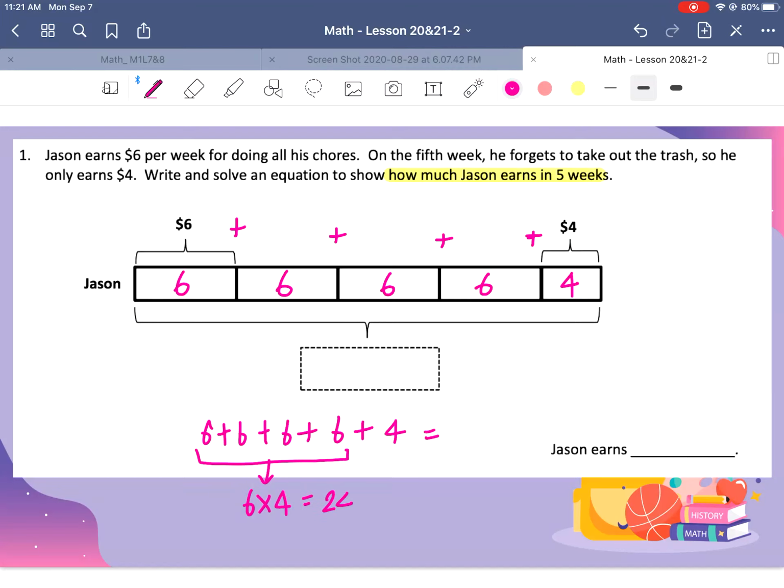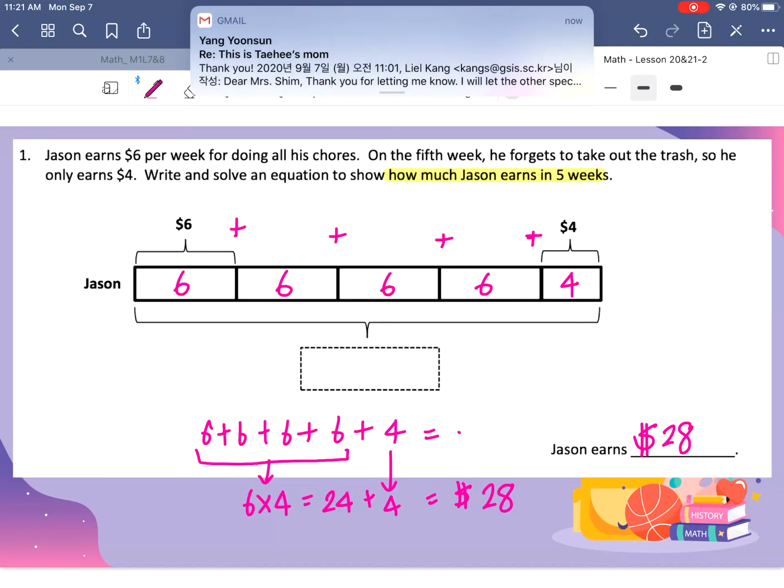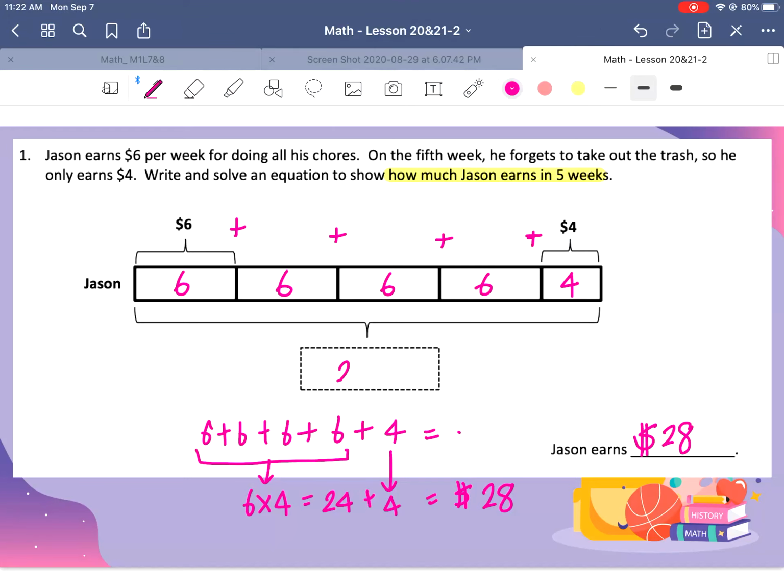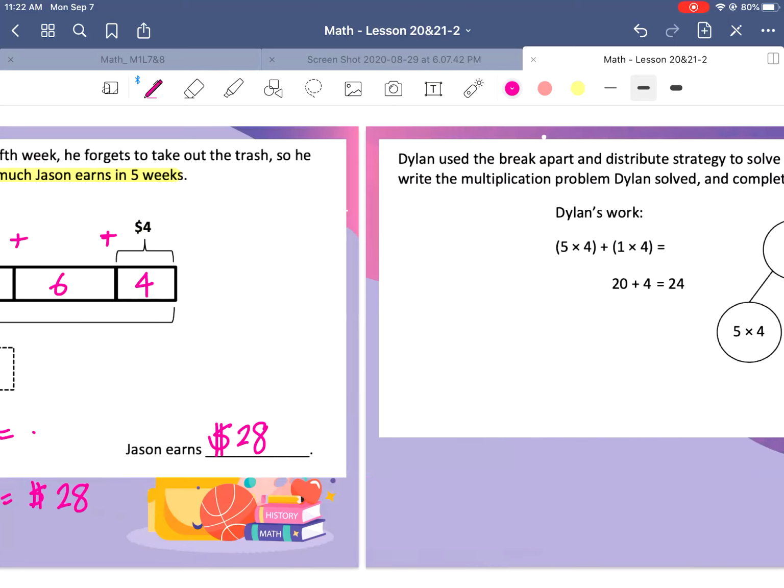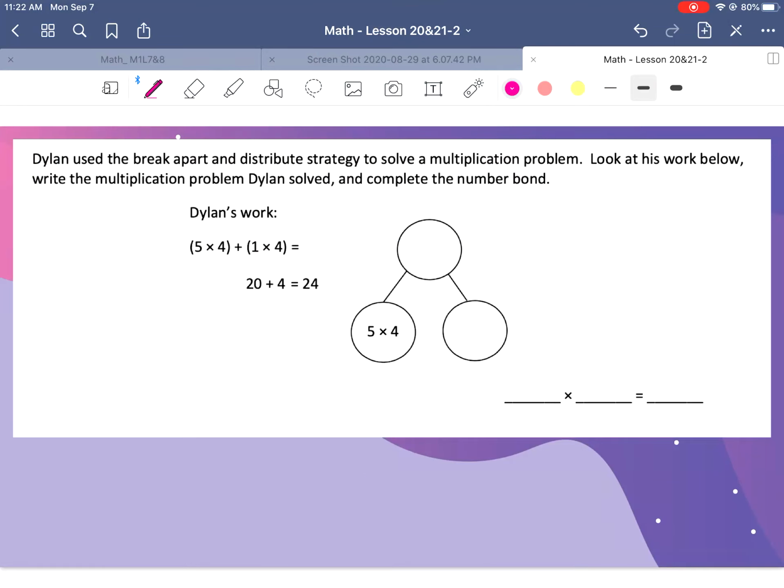So 6 times 4, which is 24. And I'm going to add my 4 here. So in total, he earned $28. Once again, let's not forget to label the total on the tape diagram. Now let's move on to the next question.